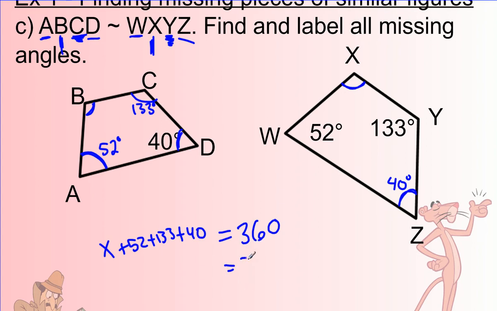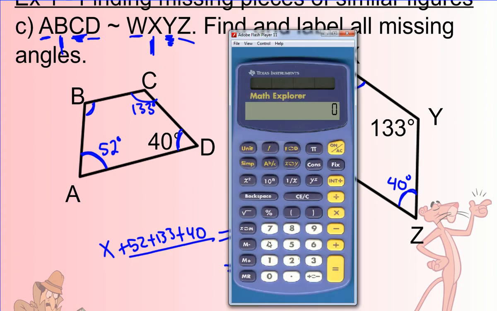So let's solve it. What is my missing piece x? I combine those things together. 52 plus 133 plus 40. Is that right? 52 plus 133 plus 40.